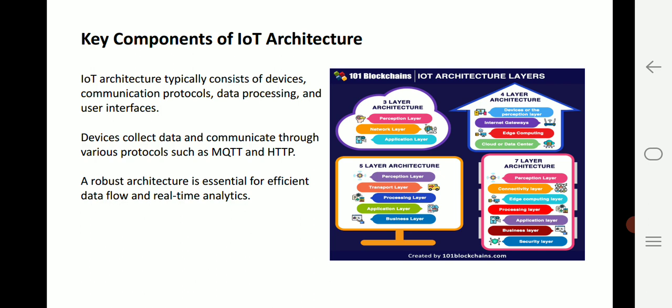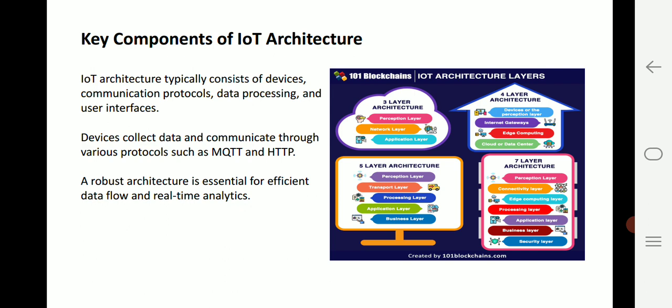The devices collect the data and communicate through various protocols such as MQTT and HTTP. These are like channels to transmit and receive the data. A robust architecture is essential for efficient data flow and real-time analytics.